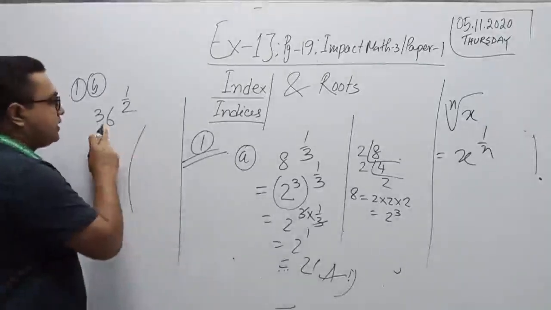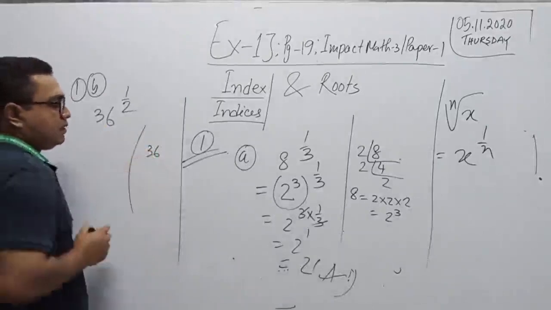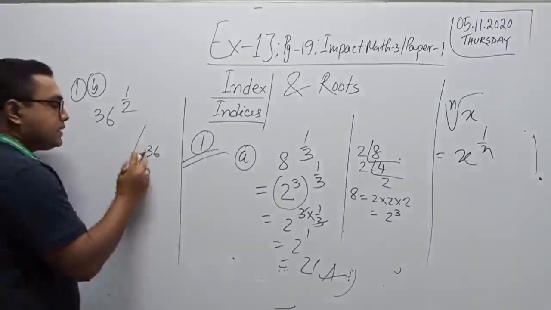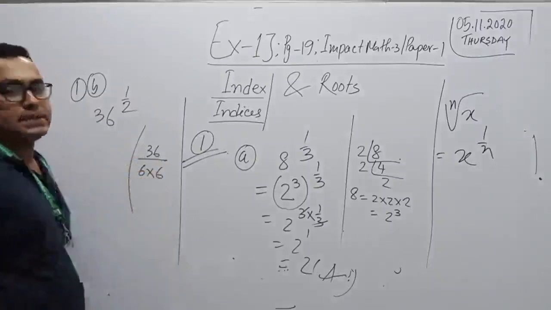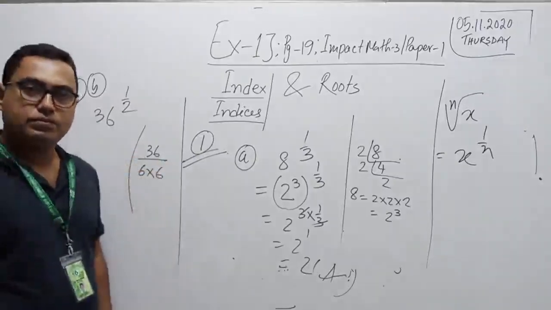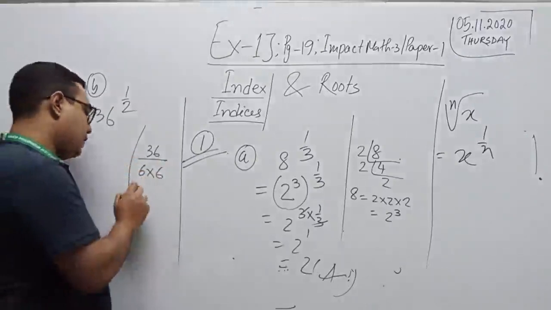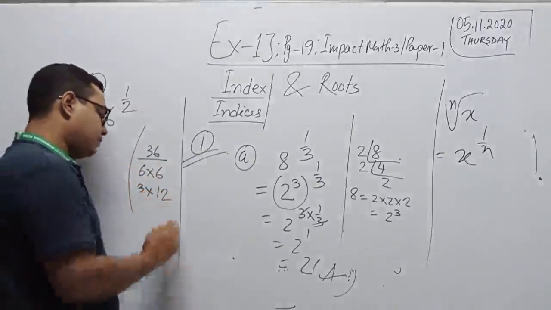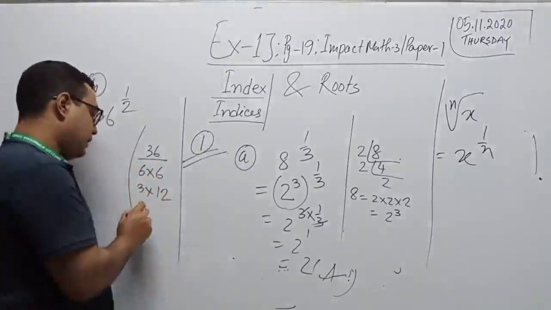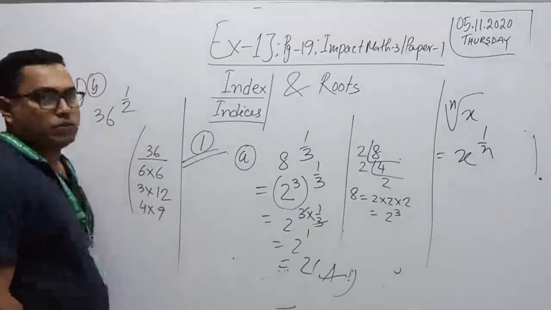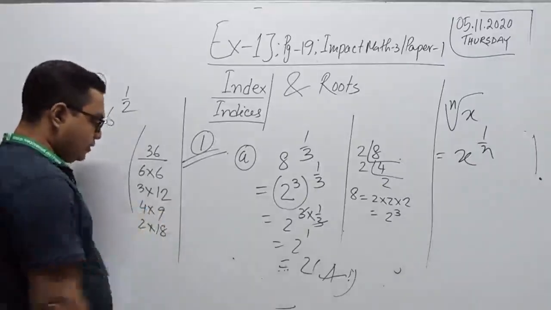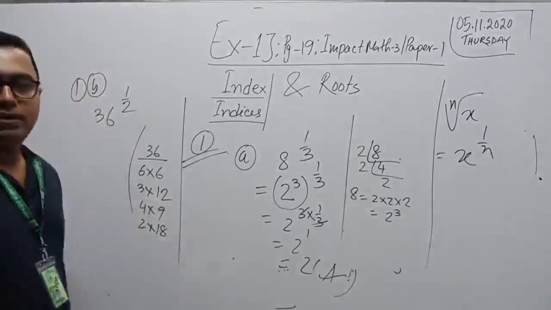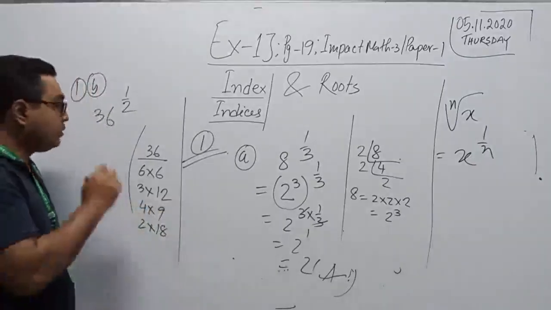Suppose 36. 36 can be written as 6 times 6. It can be written as 3 times 12. It can be written as 4 times 9. It can be written as 1 into 18. But which one do we need?